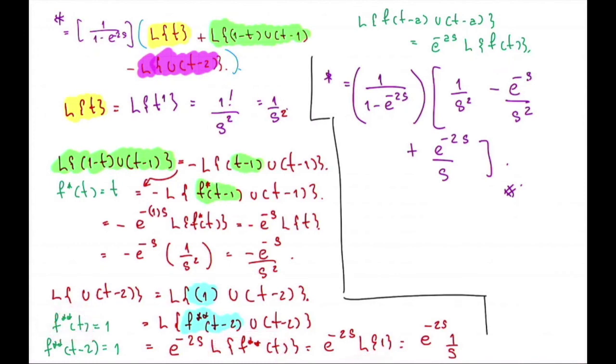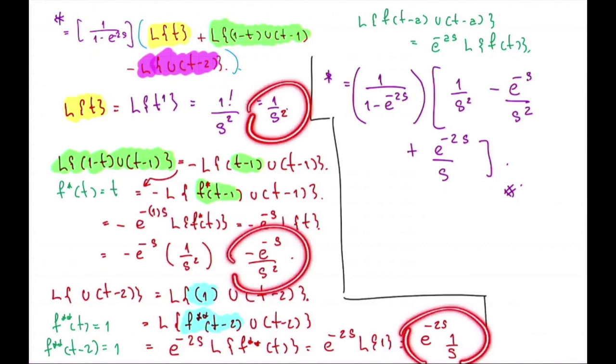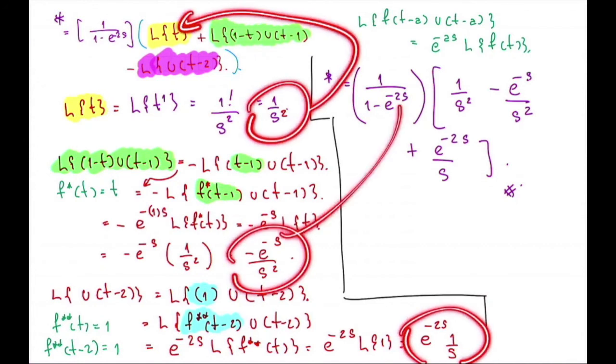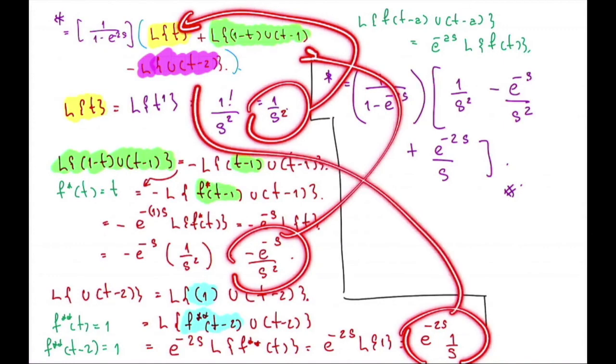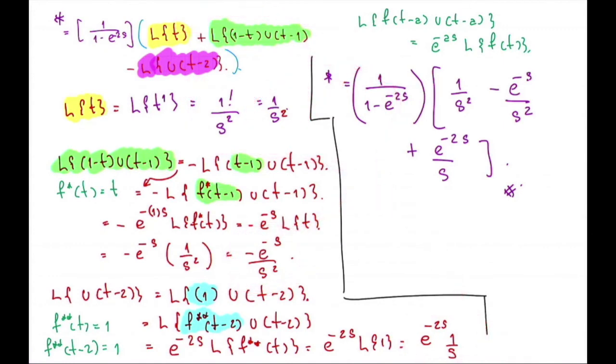So we need to find the Laplace transform of 1, which is 1 over s from the table. Okay, and then we just need to plug in these to that expression. And then we get this, which is the answer. Okay, hope it's not too hard for you all.